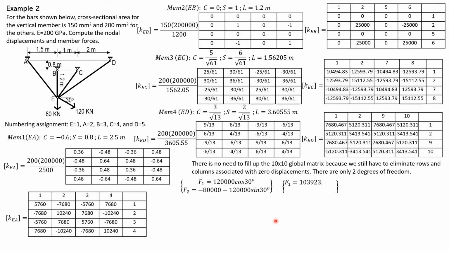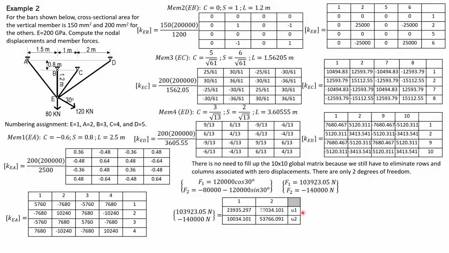Simplifying, F1 equals 103,923.05 newtons, and F2 is negative 140,000. Then we assemble the 4 by 4 matrix. So this is it. So how to get this entry here? It's 1, 1, the sum of all force coefficients in row 1, column 1.